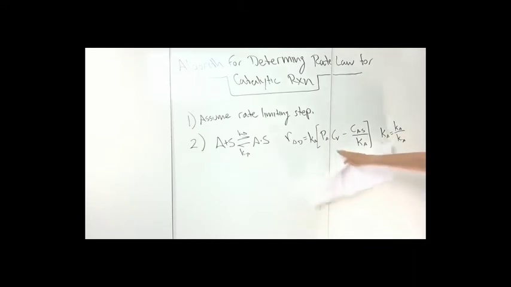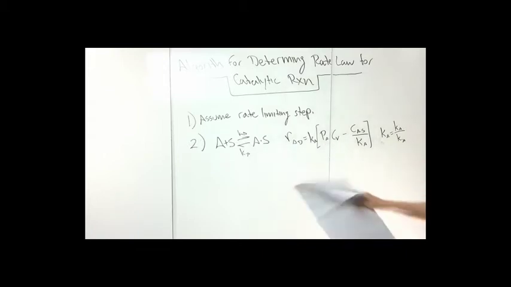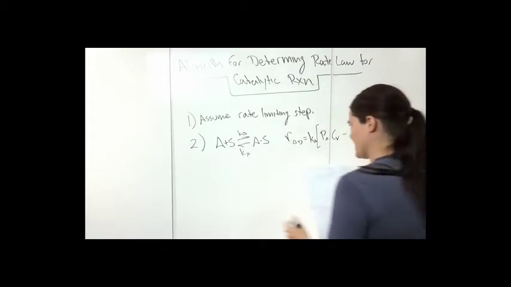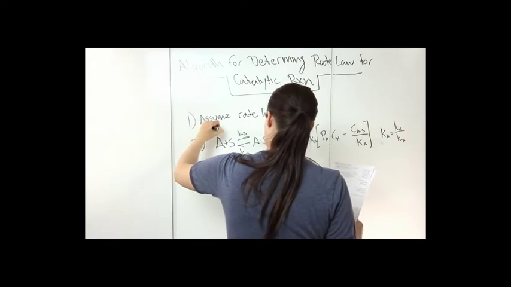And using this partial pressure here is just convention for how these are normally written. You could theoretically write the concentration of A, but traditionally it's written like this. So this would be the absorption.